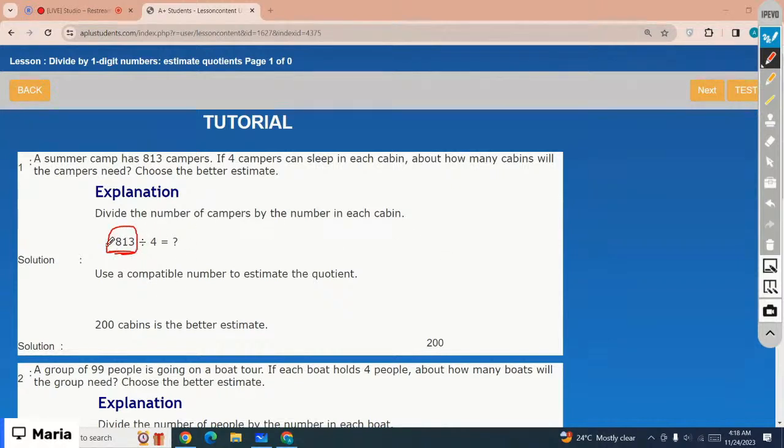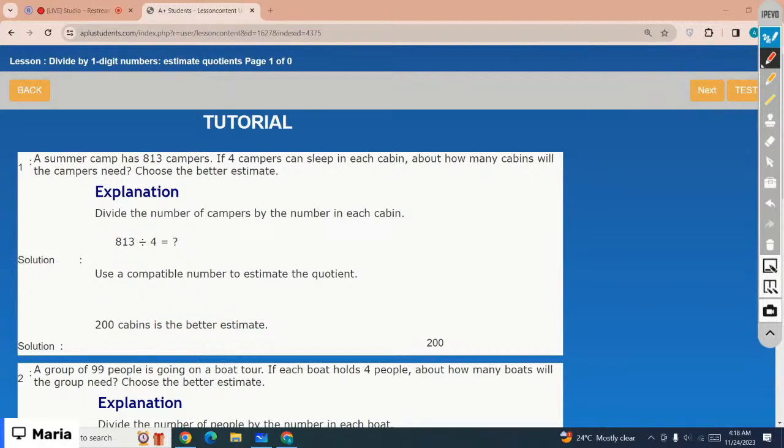You can estimate 813 to 800, because you can divide 800 by 4 easily. Then the answer is 200. Basically, you write down numbers that are compatible, that you can divide easily.